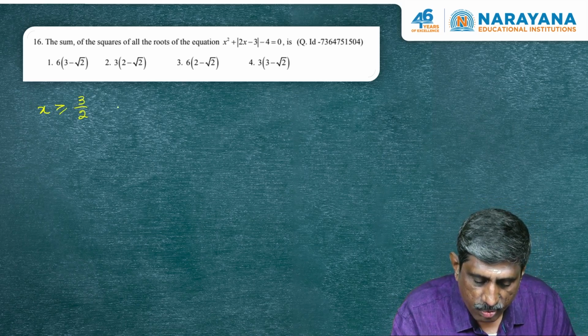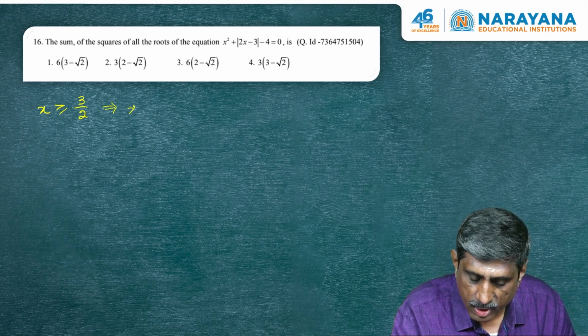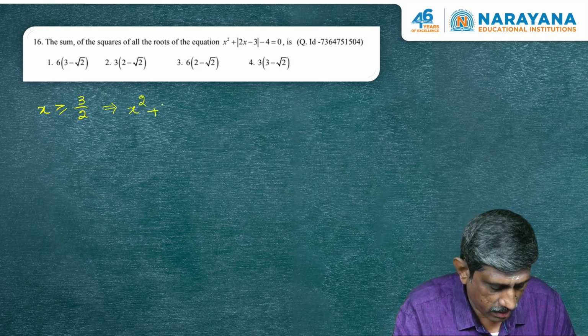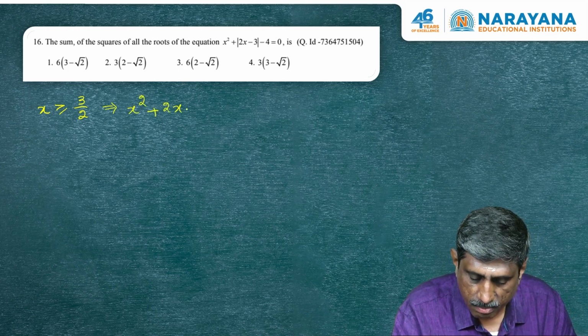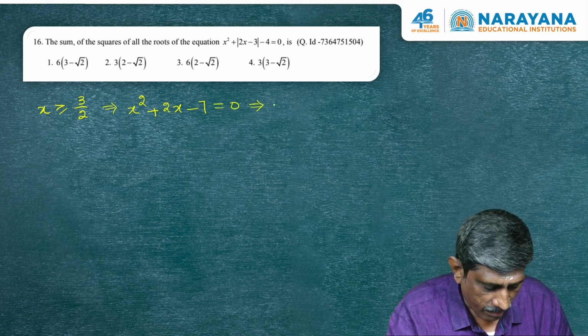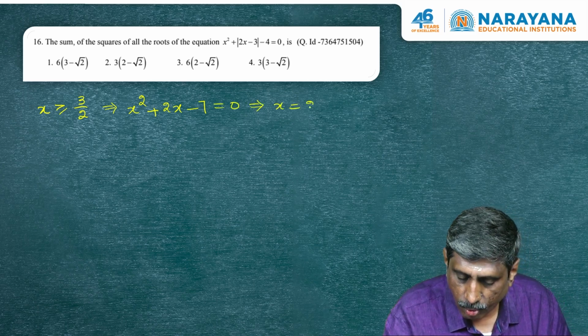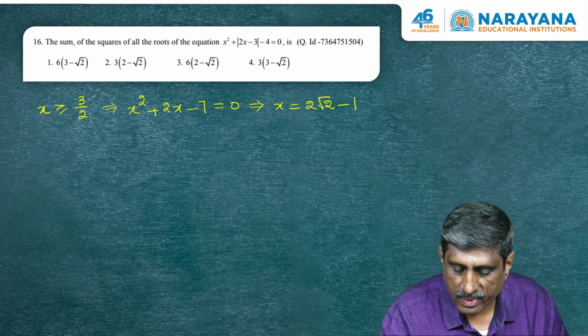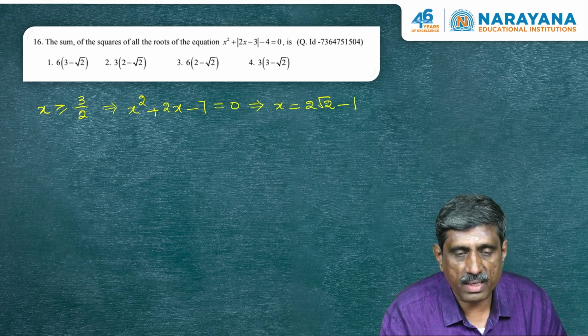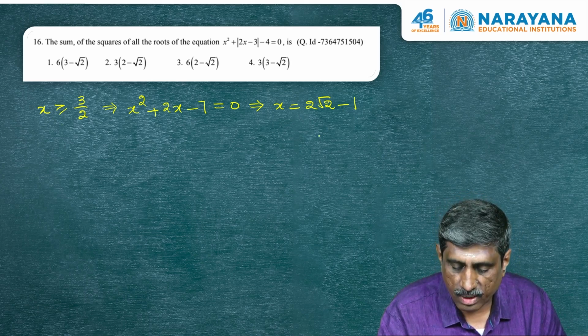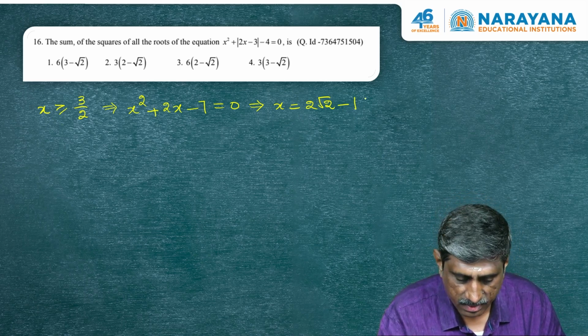So, the equation is going to become x square plus 2x minus 7 is equal to 0, and when we solve it, x is equal to root 2 root 2 minus 1 is going to be the root. The other root does not satisfy the condition x greater than or equal to 3 by 2. This is the only root for this.